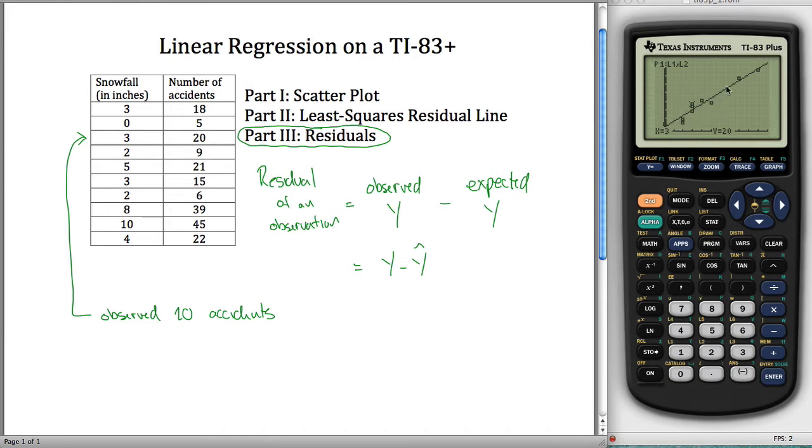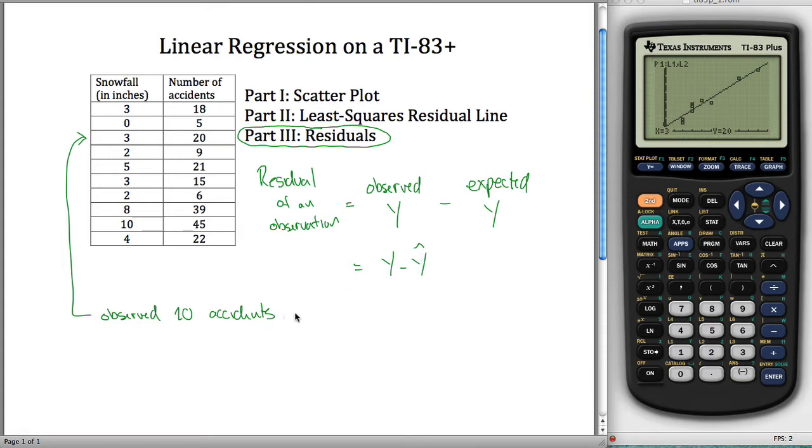And as you can see, that line falls below this observation. So I expected less. In other words, my y hat is less than my y. I don't know exactly what my y hat is, but I'm going to show you how to calculate that. But the point is that because this line is below that observation, I expected less than 20 accidents. So y minus y hat will be a positive number, meaning there were more accidents than I expected.